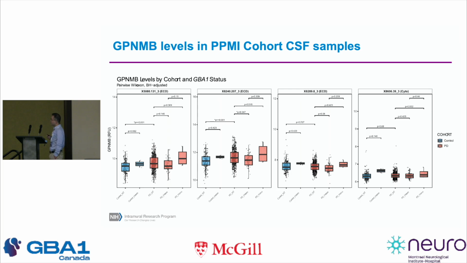To investigate GPNMB level in patient samples, we reanalyzed the PPMI CSF dataset. In this dataset, GPNMB level is measured by four probes. 3 of them recognize the luminal domain of this protein, and 1 recognizes the cytosolic domain.